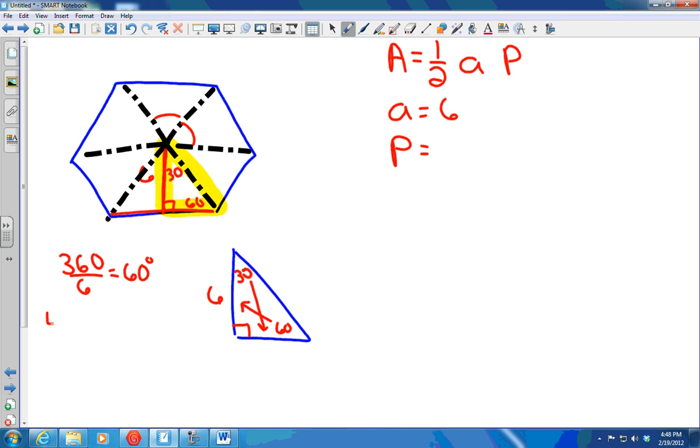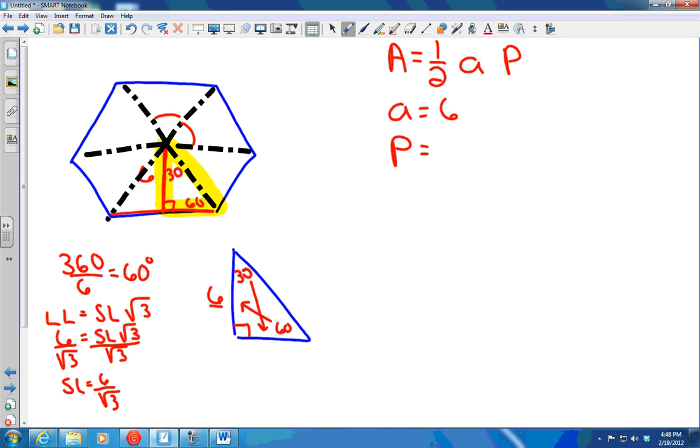So since I have the long leg, I'll look at the long leg formula. The long leg, 6, equals the short leg times the square root of 3. I want to solve for the short leg, so I'm going to divide both sides by the square root of 3. And so my short leg equals 6 divided by the square root of 3.